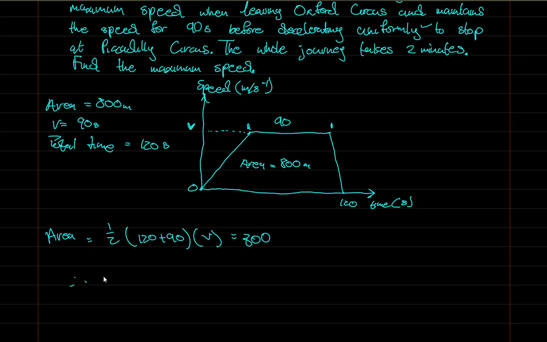Meaning that V is equal to 800 divided by what, 120 plus 9 times 0.5, that is, I think, 64.5, which is equal to, where's my calculator, 12.4.